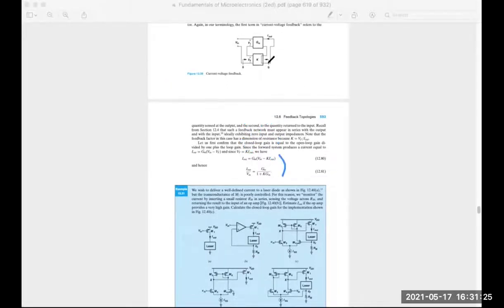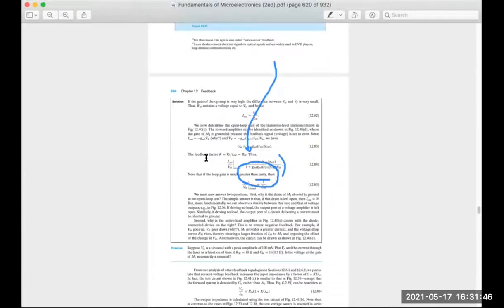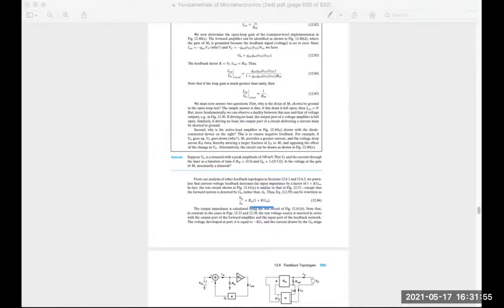You just put the current and voltage into the equations. So as you can see, the gain drops again by the feedback factor. This is a good question, which is a practical application. And then it calculates input resistance. Input resistance is boosted. Well, do we expect it to be boosted, or would it be expected otherwise?